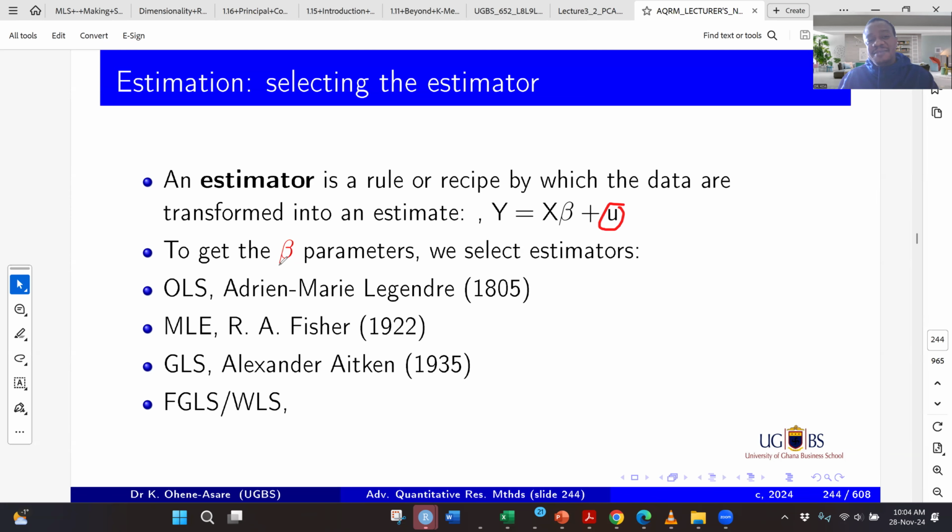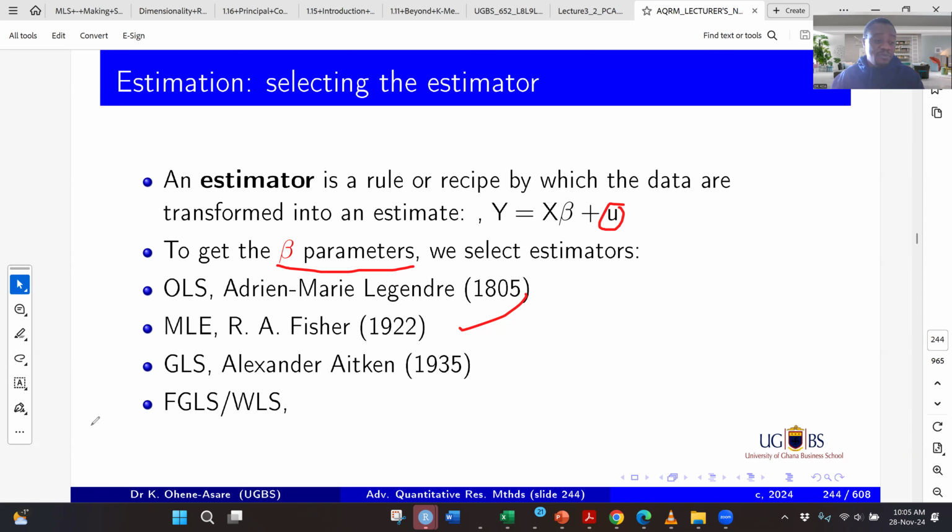To get the estimator, also called beta parameter, you will use one of the approaches called OLS, ordinary least squares, by Adrien Marie in 1805. There are other approaches like maximum likelihood estimation by Fisher, generalized least squares estimation by Aitken, feasible GLS, that is feasible generalized least squares, and the weighted least squares.